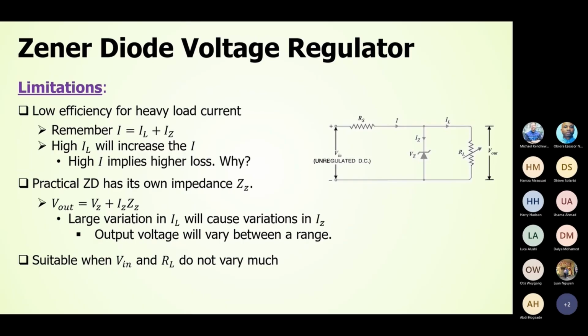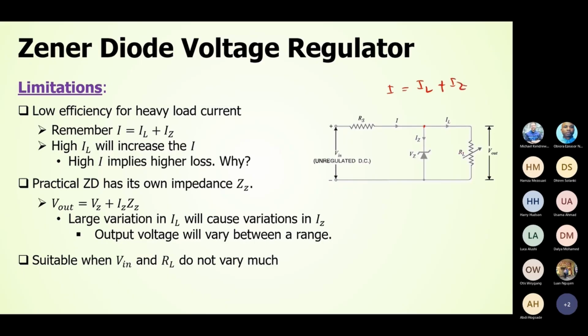Now, although the Zener diode voltage regulator is simple to implement and operate, it has some limitations. So what are the limitations? First limitation: it has low efficiency for heavy load current. Think of it this way: I equals IL plus IZ.